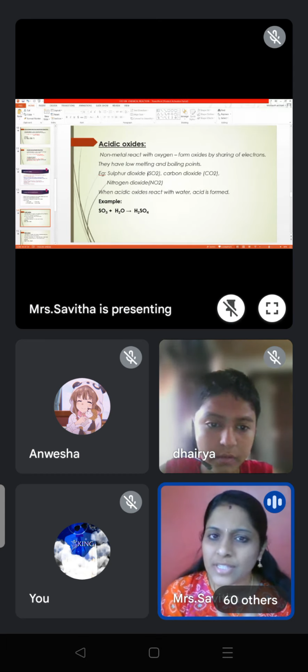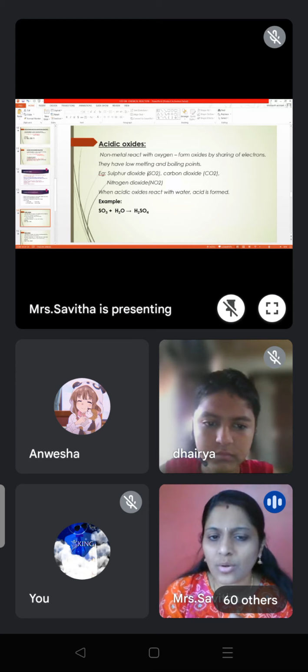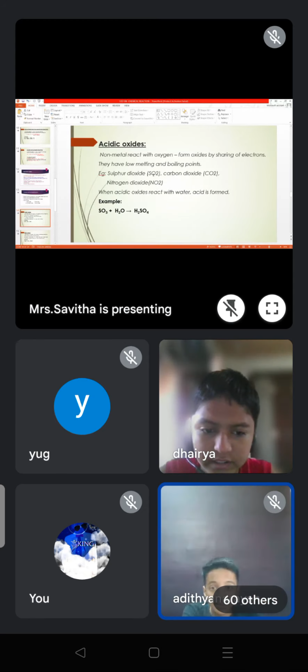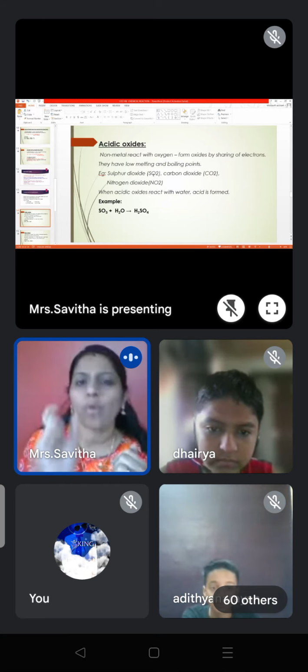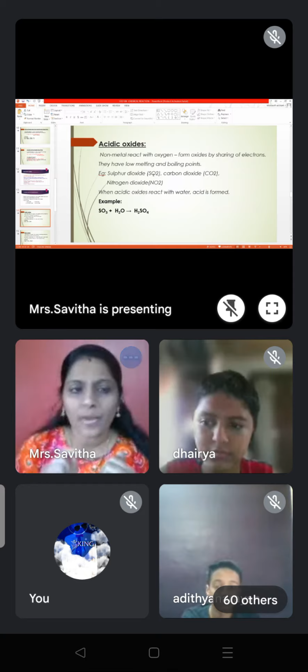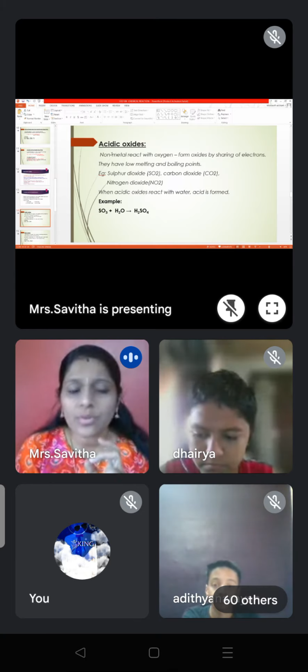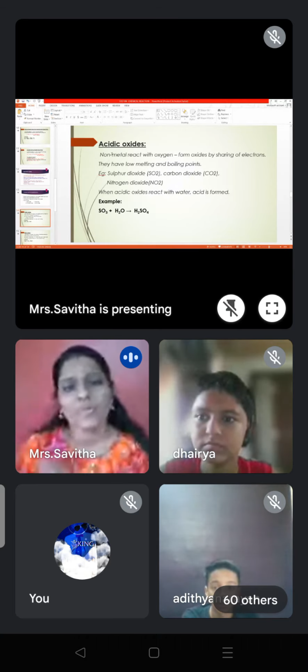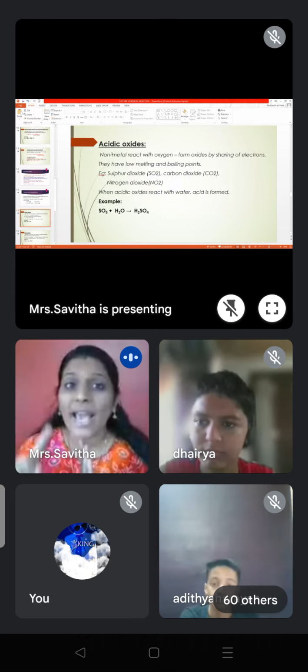Now if you see, sulfur is a non-metal, yes or no? Yes. Oxygen is a non-metal? Yes. So for non-metals, the bond formation takes place by sharing of electrons. Understood, no? Any non-metal with oxygen forms oxide. Which oxide?